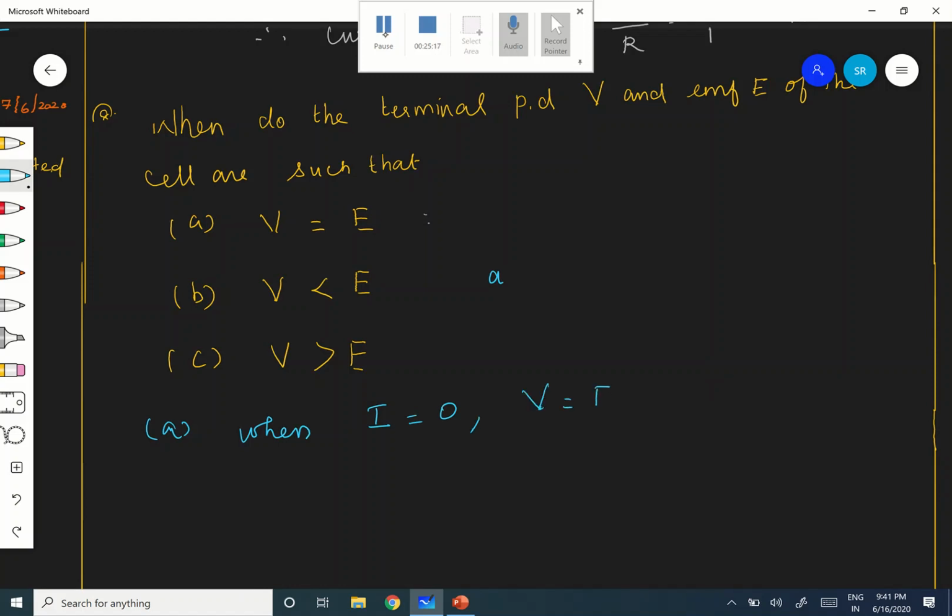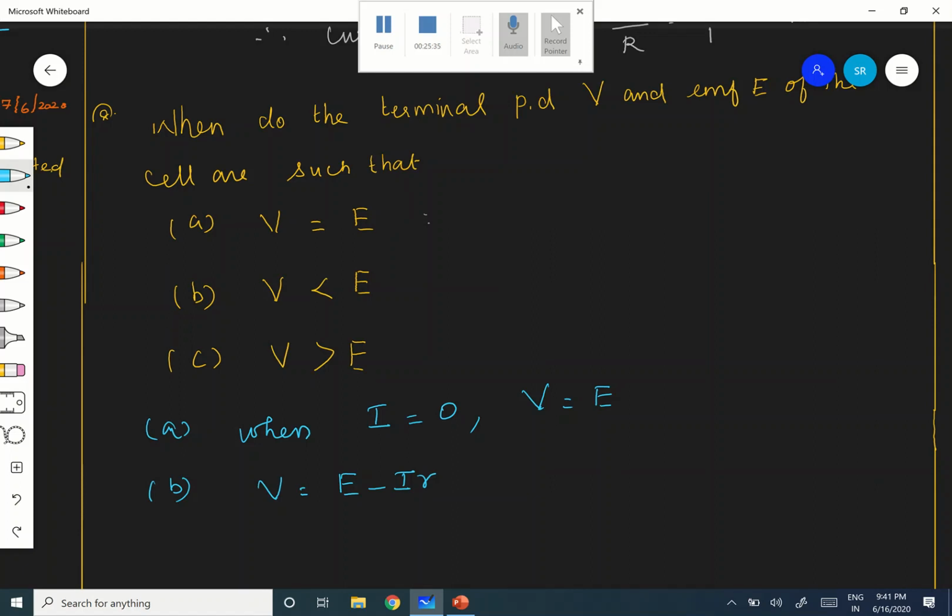That is very simple, that you know. Okay, that is the first one. The second one is also easy. B: V is equal to E minus Ir.